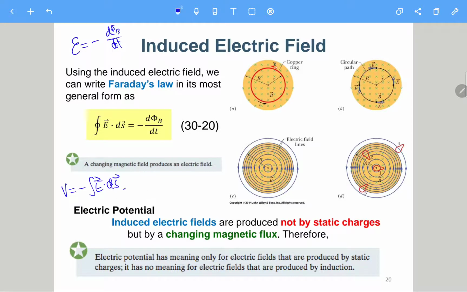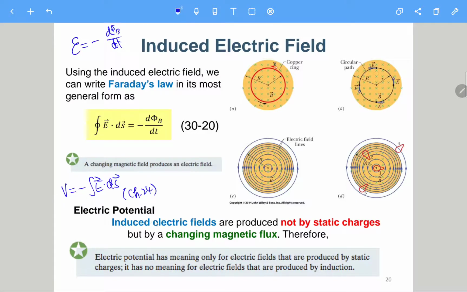When you learned this in chapter 24, it was called electrostatics. In that case, you consider the E field without any changing magnetic field, so you can use the concept of electric potential.